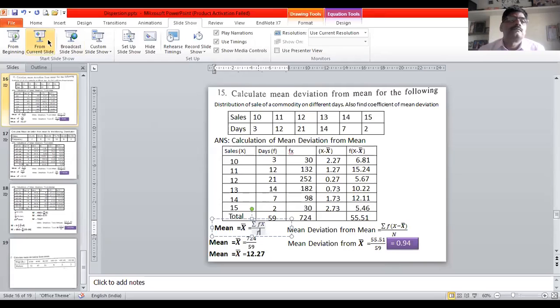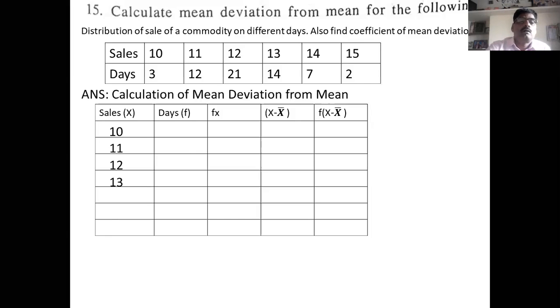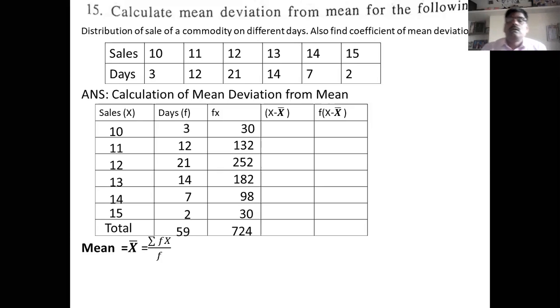I'll take F, divided by total F. You take N, N is F. So total is 724. 724 divided by 59 is equal to 12.27. 12.27 is the arithmetic mean.